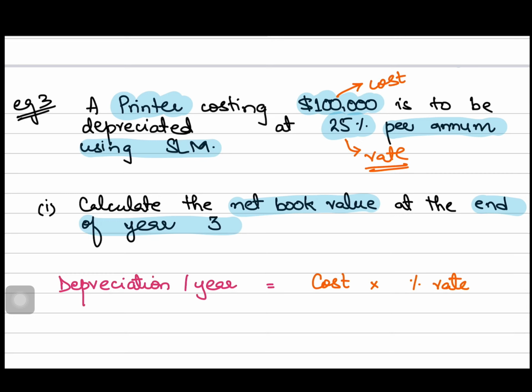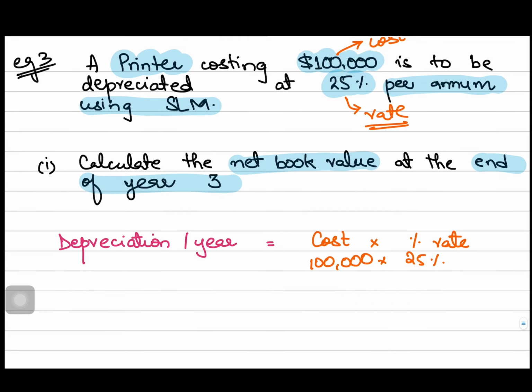In this question the cost is $100,000 and the percentage rate is 25%. So $100,000 multiplied by 25% would be $25,000 of depreciation every year. This much depreciation should be charged in the income statement against this printer, right?